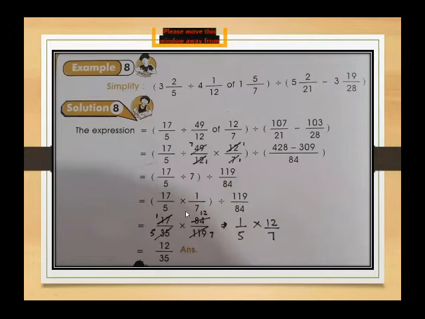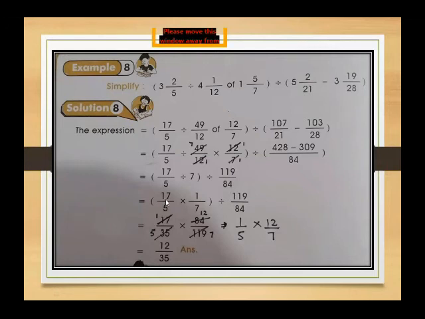Now for 17 upon 5 divided by 7, we solve the division operation. We change the sign of division to multiplication and take the reciprocal. The reciprocal of 7 is 1 upon 7. So this becomes 17 upon 5 multiplied by 1 upon 7. When we subtract, we get 119 upon 84, and when only one term is remaining, we remove the bracket.